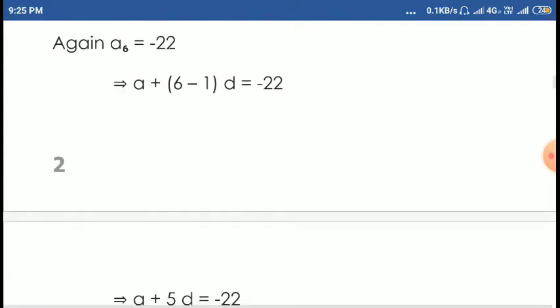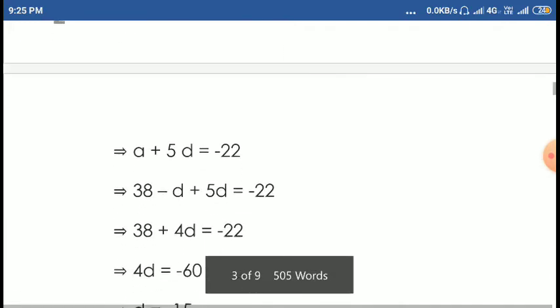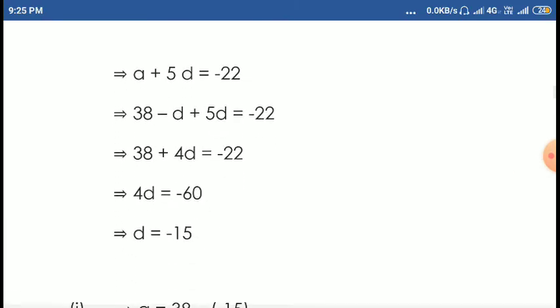Then we come to the sixth term of this AP, A6, also given. So A6 equals minus 22. If you use the nth term formula, this implies A plus (6 minus 1) into D equals minus 22. Simplifying the left hand side of this equation, we get A plus 5D equals minus 22.